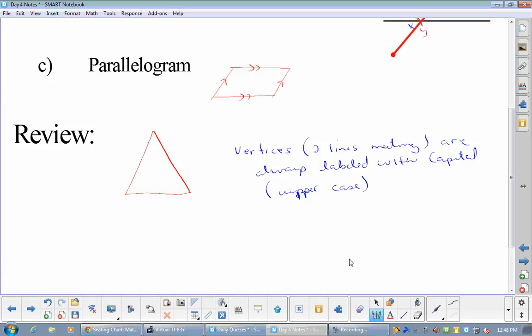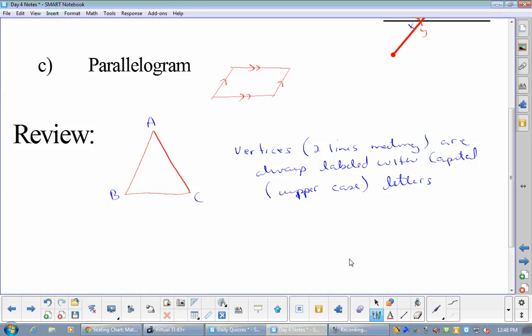Vertices, two lines meeting, and they are always labeled with capital uppercase letters. So I would label this A, B, C, or X, Y, Z, or Q, R, S. Doesn't matter. But just make sure they're capital letters.